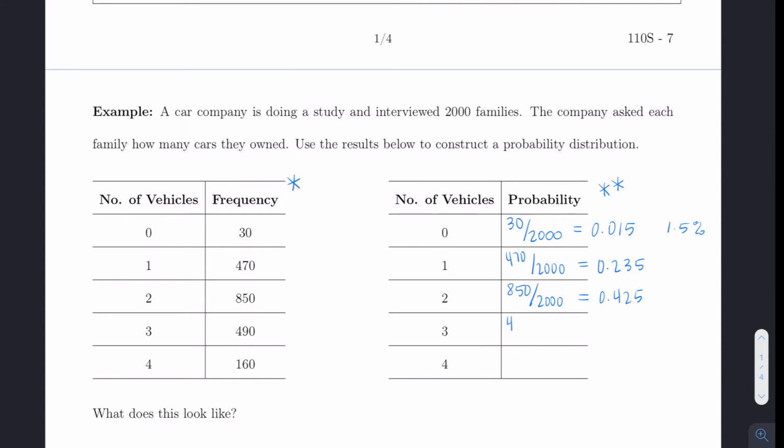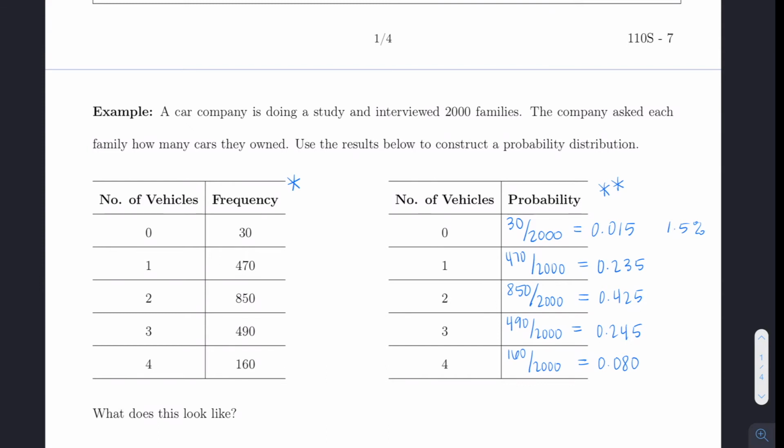The probability of having three cars is 490 over 2,000, which is equal to 0.245. And the fifth one, the probability a family has four cars, is equal to 160 over 2,000, which gives us 0.080. This is what the probability distribution would look like.